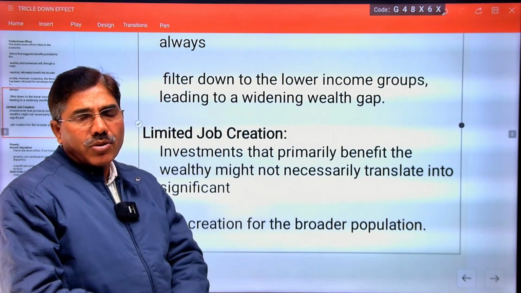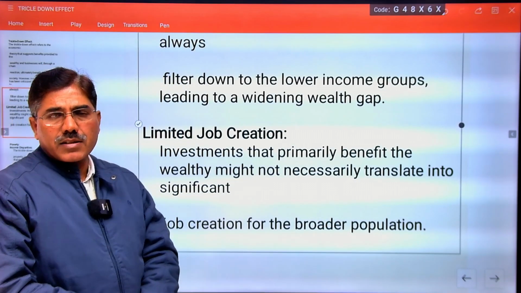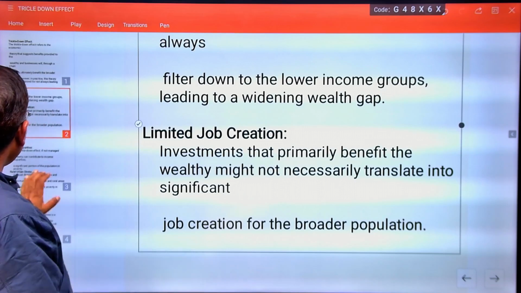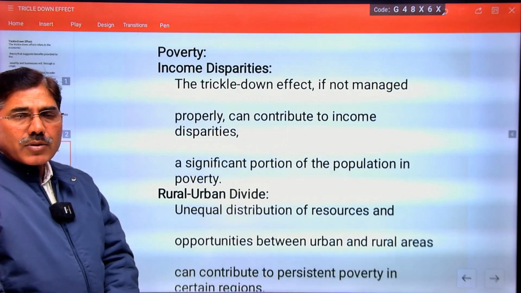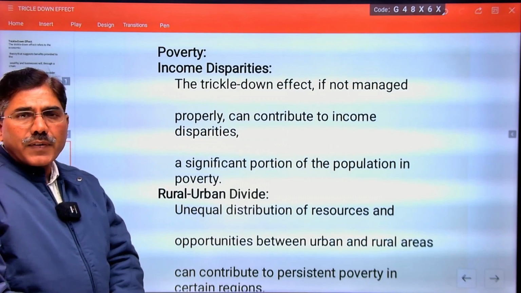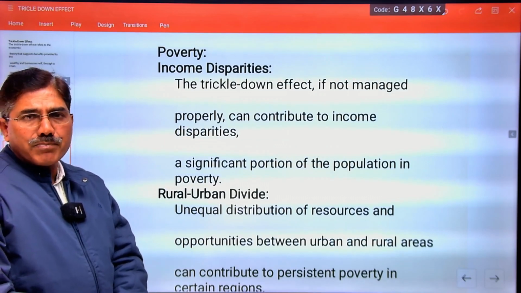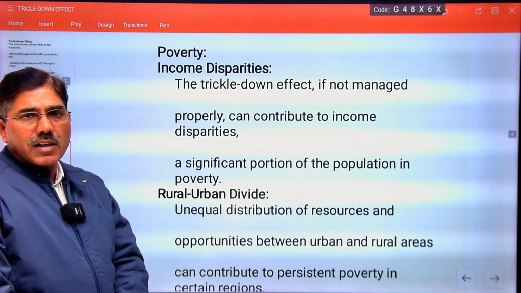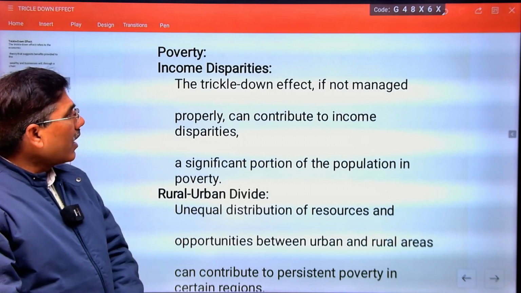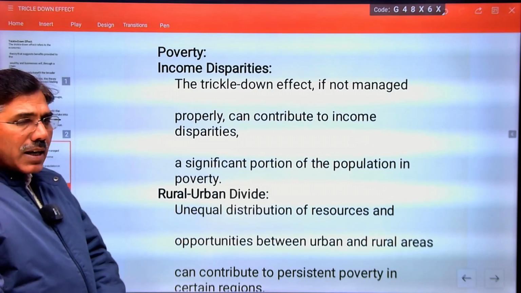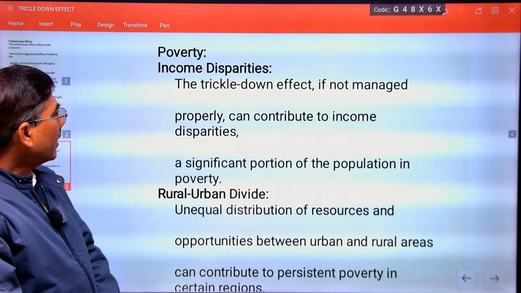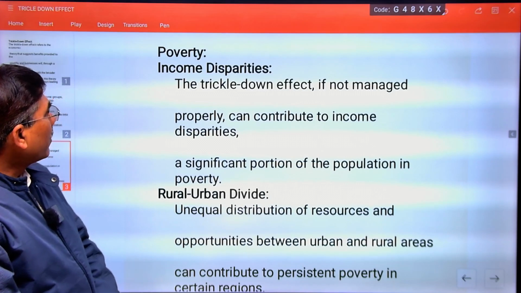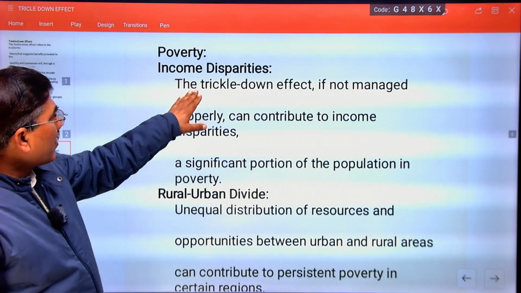Because the upper section, investors, or the industries where we invest the maximum funds for development purposes, are working for the betterment or profit maximization of the upper section, the investor class, the business class or the trader class. In this way, the marginalized sections or the economically vulnerable class are not getting that kind of benefit of trickle down. You can see poverty and income disparities.